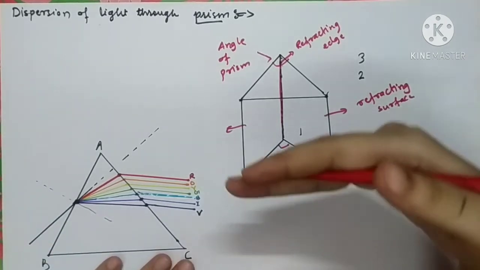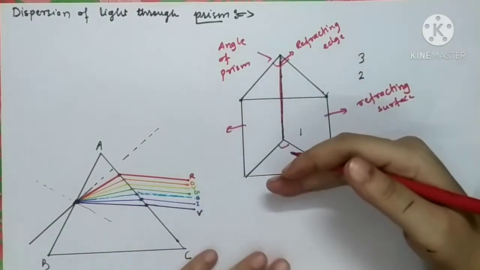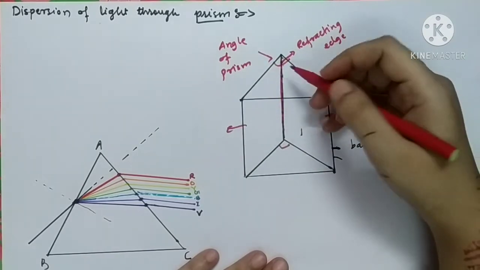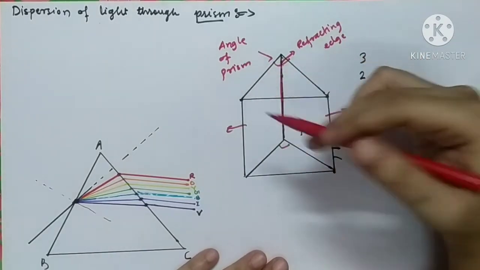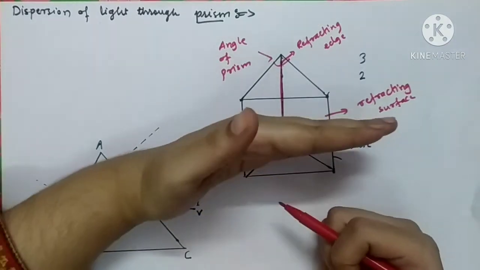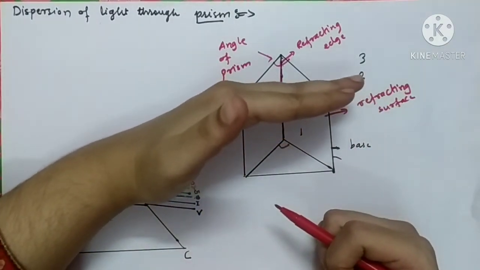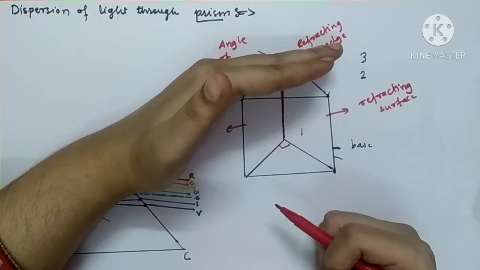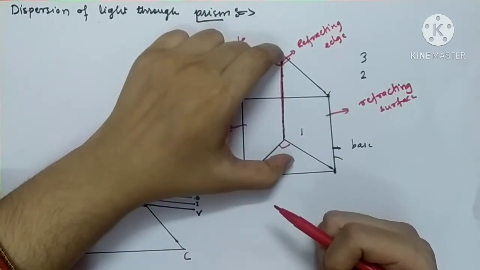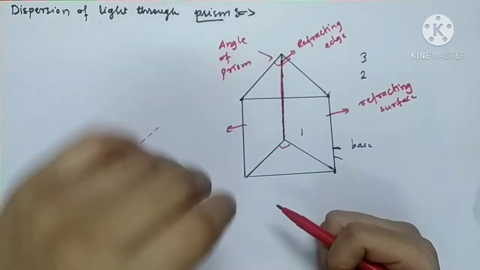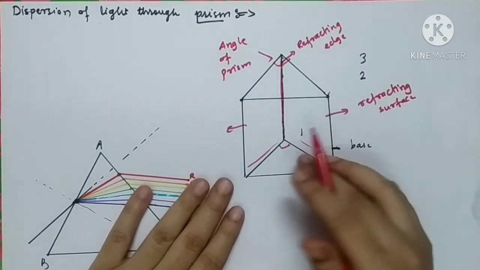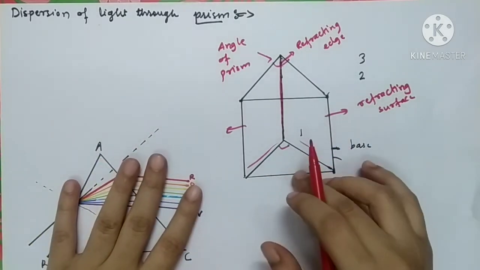Similarly, when we cut the prism vertical to the refracting edge, what are we going to get? If the prism is broken into a large number of pieces and cut vertically on the refracting edge, obviously we will get a large number of small triangles.